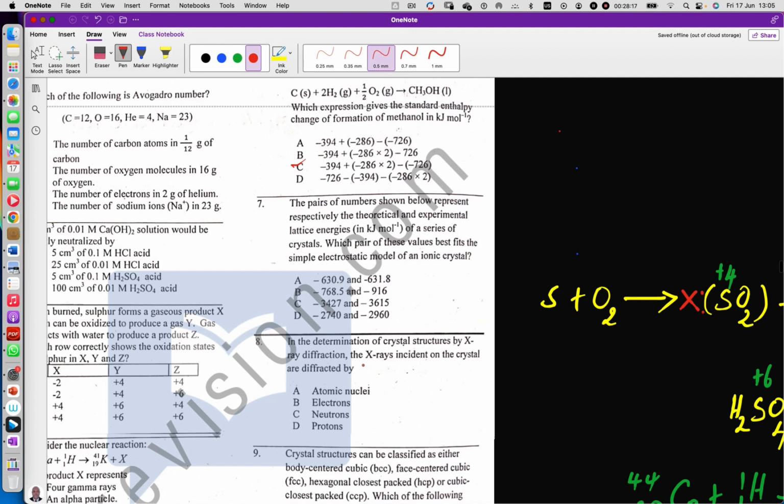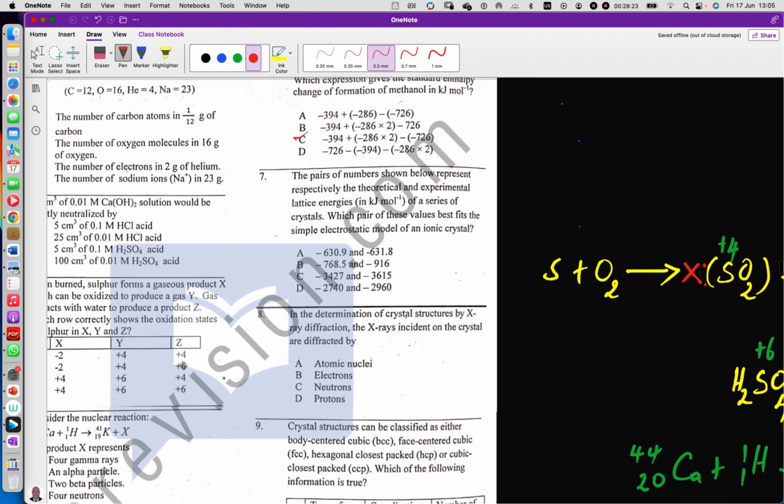Which pair of these values best fit the simple electrostatic model of an ionic crystal? These are the pairs. The ones that are close together will be the one which best fits the simple electrostatic model of an ionic crystal. The pairs of values that are close together.